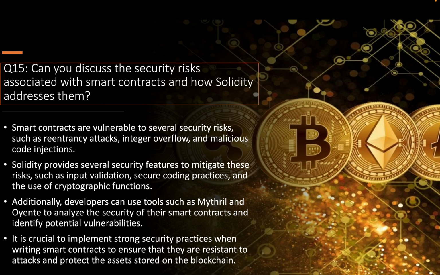Additionally, developers can use tools such as Mythril and Oyente to analyze the security of their smart contracts and identify potential vulnerabilities. It is crucial to implement strong security practices when writing smart contracts to ensure that they are resistant to attacks and protect the assets stored on the blockchain.